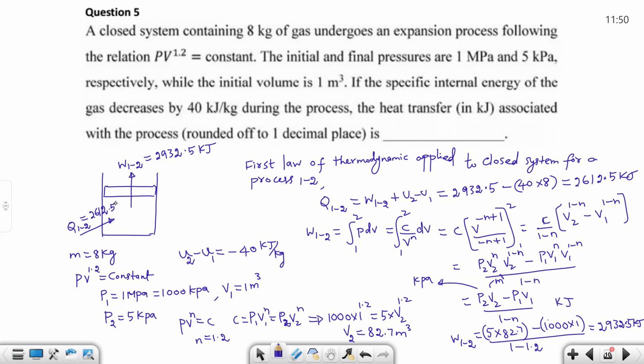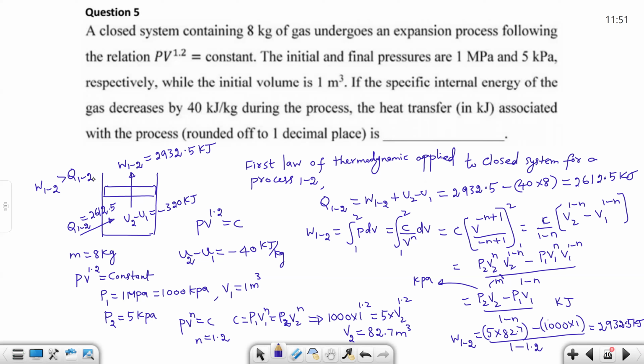Your internal energy change U2 minus U1 is equal to minus 320 kilojoule. Now, if you look at that for this process, PV power 1.2 constant. So the work transfer W1 to 2 is more than the heat supplied.